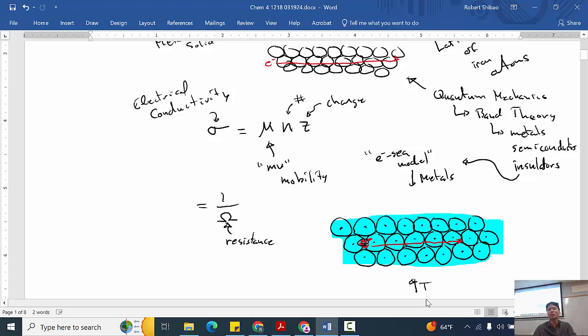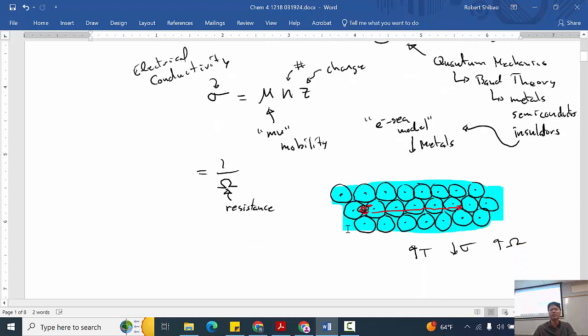So if I increase the temperature, I'm increasing the vibrations, and the electron is going to have to take a more convoluted path through the metal. And so the conductivity goes down, the resistance goes up. Resistance has the units ohms. If I decrease the temperature, then conductivity goes up, resistance goes down.